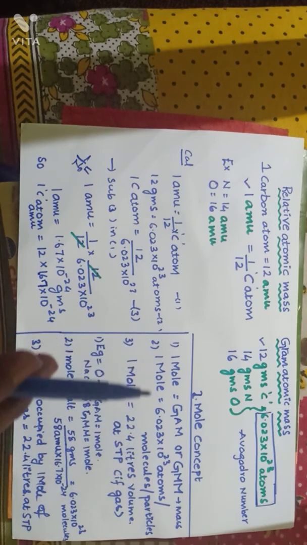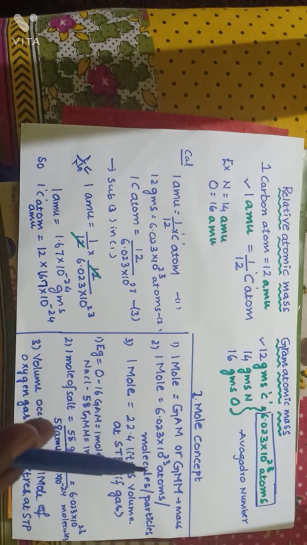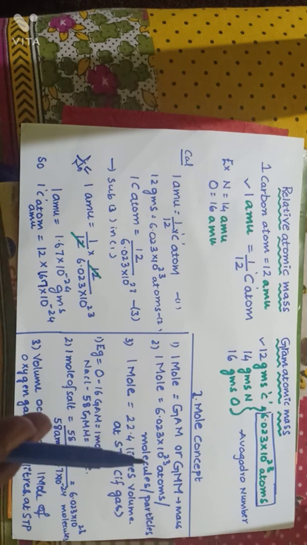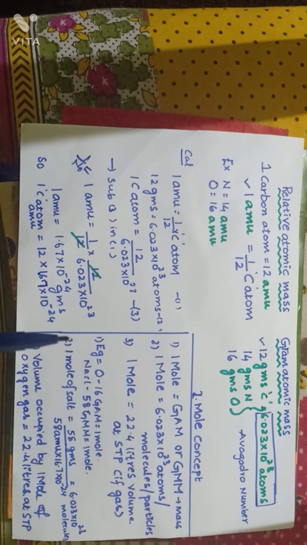If molecules are given, then Avogadro number 6.023 into 10 power 23 molecules. Let us take one example for this: 1 mole of salt, for example NaCl, which is 58 grams in weight.